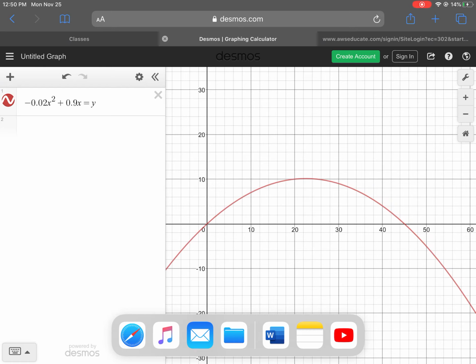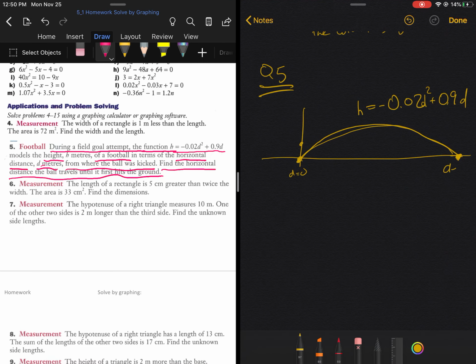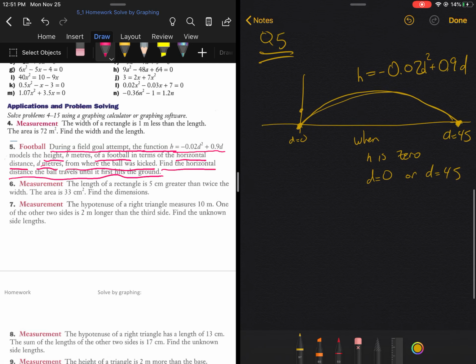Let's solve that. So it hits at 45. X equals 45. So x equals 45 and x equals 0. So my football, d equals 0 and d equals 45. That's when h is 0, d equals 0, or d equals 45.